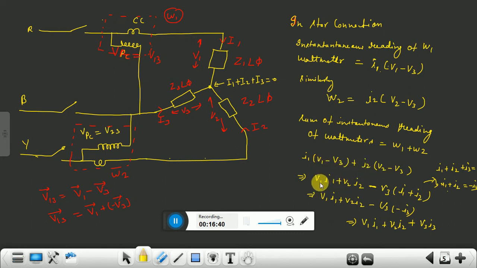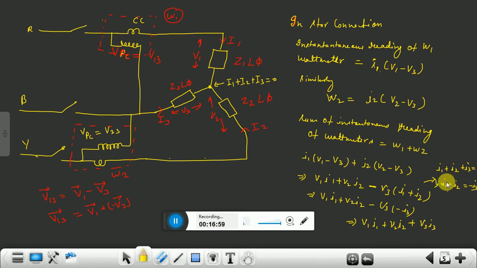So we get V1 I1 plus V2 I2 minus V3 (I1 plus I2). According to Kirchhoff's law, I1 plus I2 plus I3 equals 0, so I1 plus I2 equals minus I3.